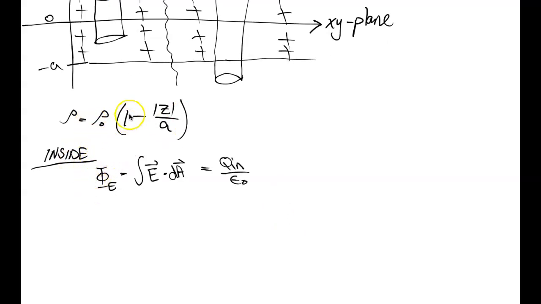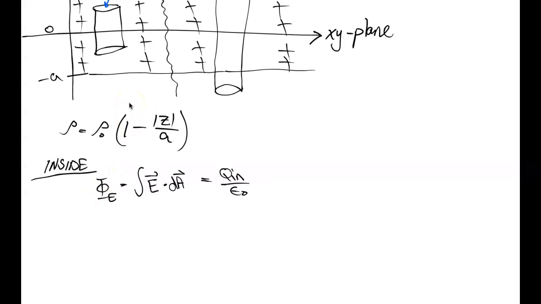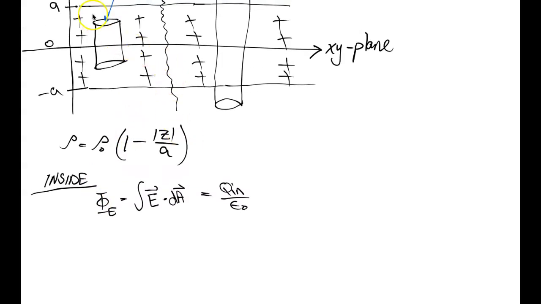If we look at the cylinder, we have a top region, we have a bottom region, and we have the wall region. So let's break this down into 3 pieces and say that the flux at the top is the integral of E dotted with dA.